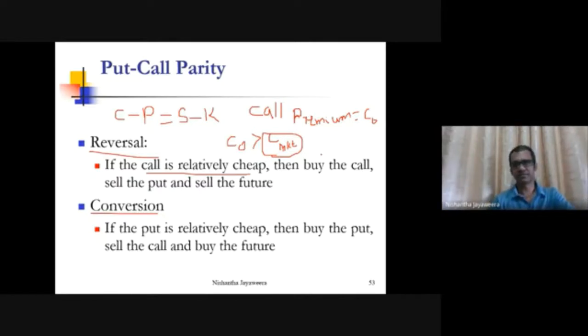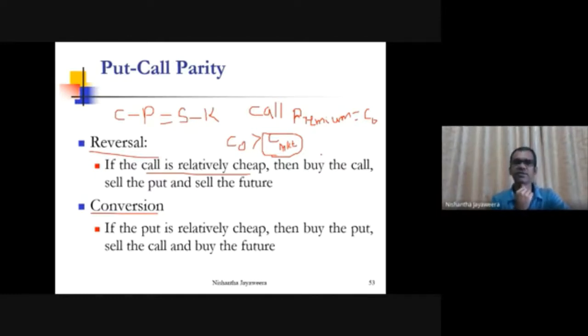Then you have a risk. Once you buy the call, you have to pay the premium. And if the price of the underlying asset goes down, you will lose your premium. In arbitrage, there shouldn't be any loss. If you do the arbitrage properly, it should be a definite gain. So to cover that risk, what do you do?